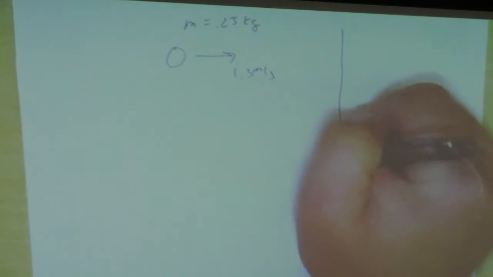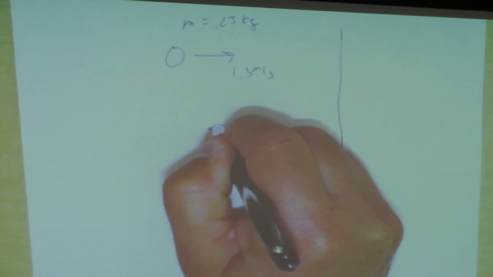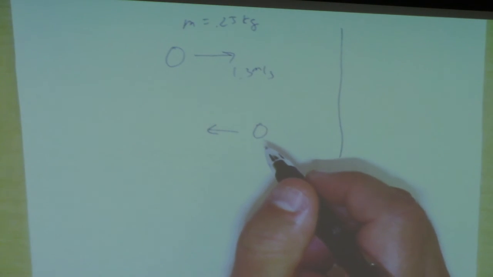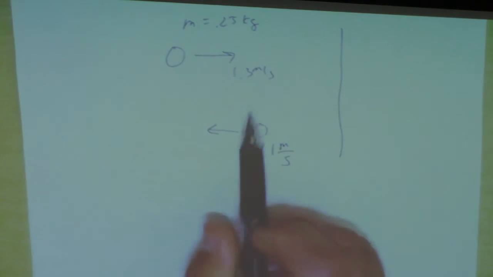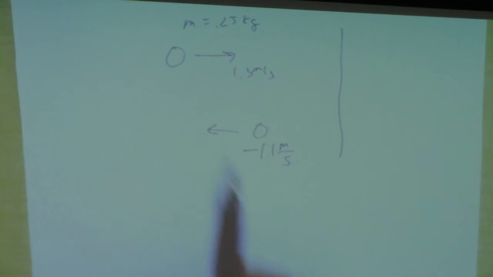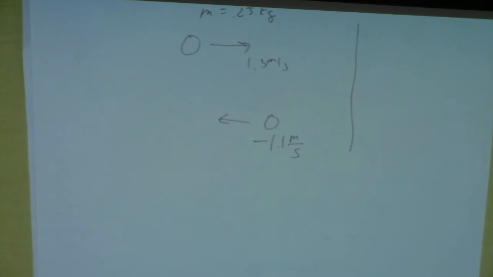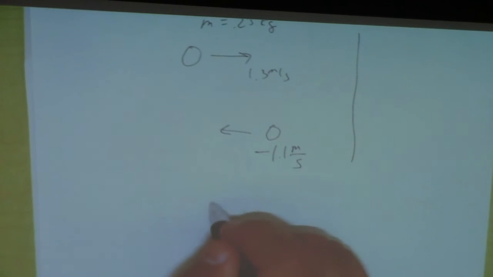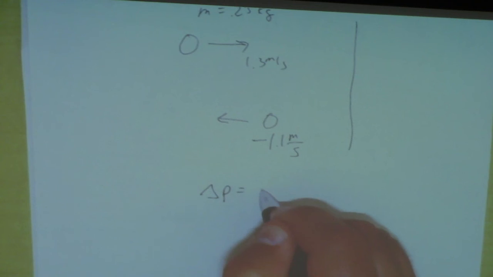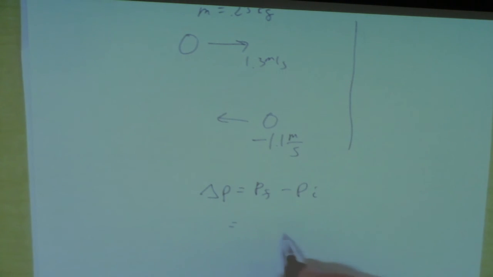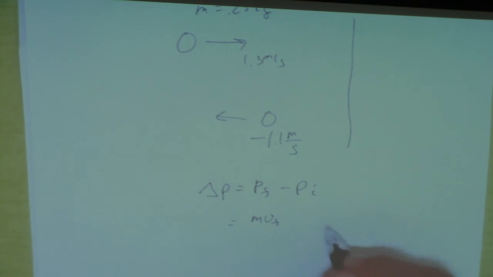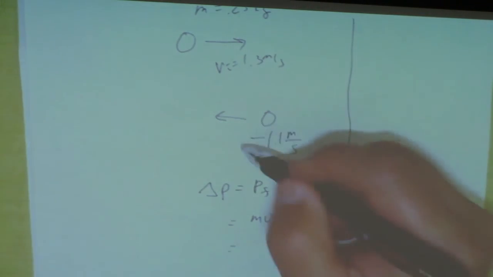Now when you hit the wall and you head back the other way at 1.1, you've got to make sure that you put the negative sign there, right? If this is the positive direction, this has to be the negative direction. So the change in momentum is the final momentum minus the initial momentum, mv final minus mv initial. This is the initial speed, this is the final speed.